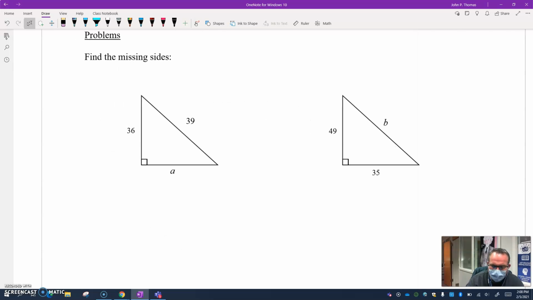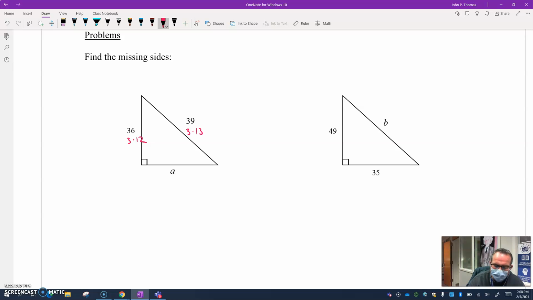All right, so if I look at this example here, I've got 36 and 39. Both of those are divisible by 3. So this first one I've got 3 times 12, and then over here I've got 3 times 13.